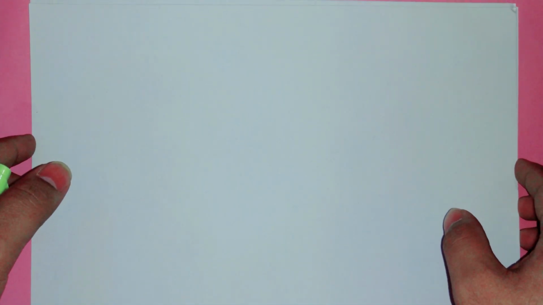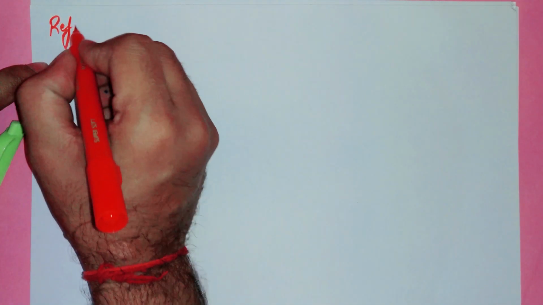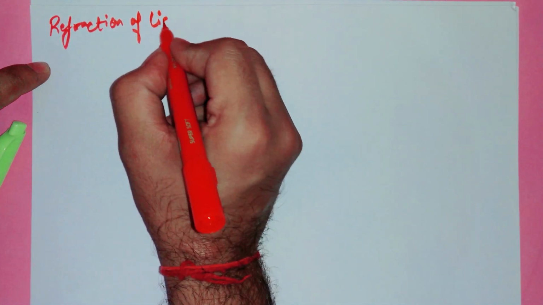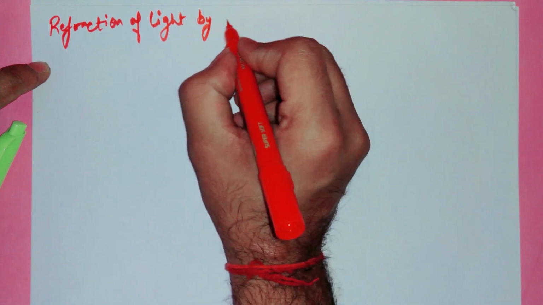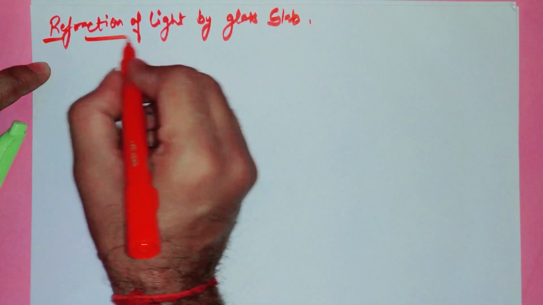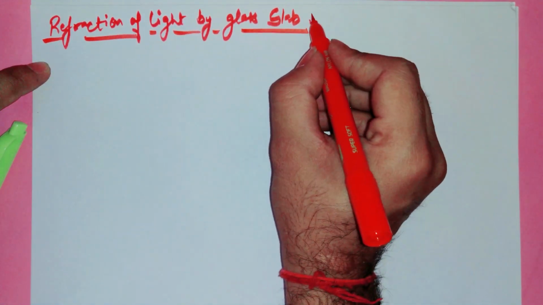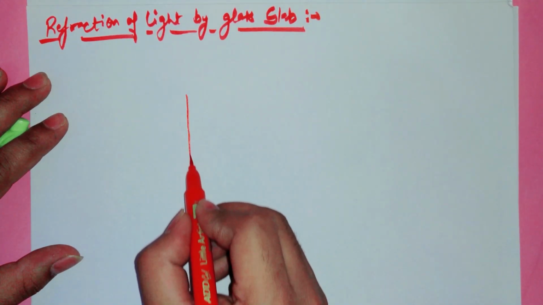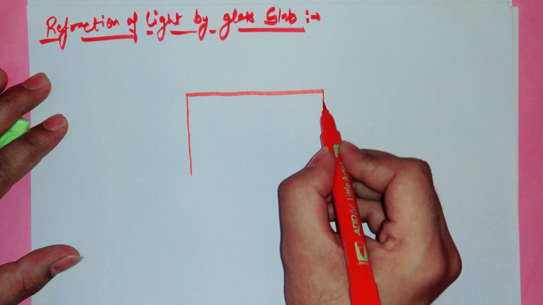Now let us study the refraction of light by glass slab. What is glass slab? Glass slab is a cuboidal glass. Okay, so suppose this is our glass slab.